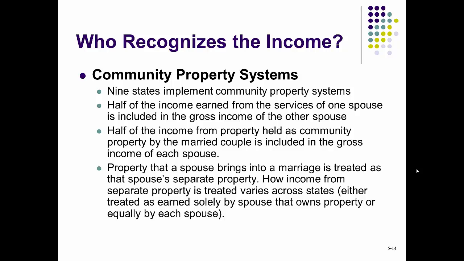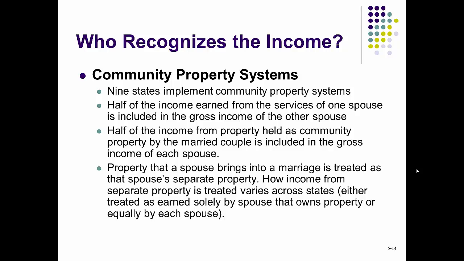Number three, in five community property states, all of the income from property owned separately by one spouse is included in that spouse's gross income. Number four, in Texas, Louisiana, Wisconsin, and Idaho, half of the income from property owned separately by one spouse is included in the gross income of each spouse.